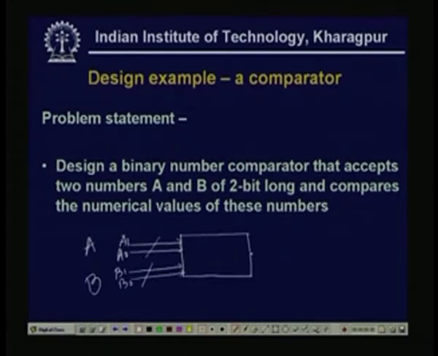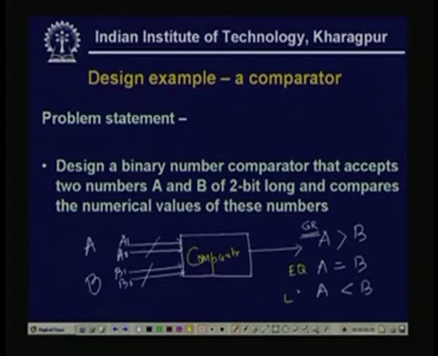Then the output will tell whether A is greater than B, we are telling this as GR, then A equal to B, this we are telling EQ, and whether A less than B, this we are telling LS.